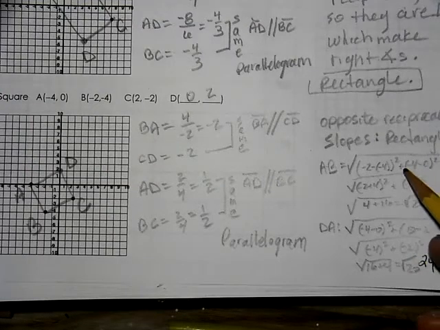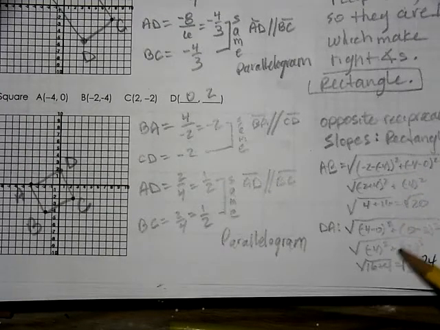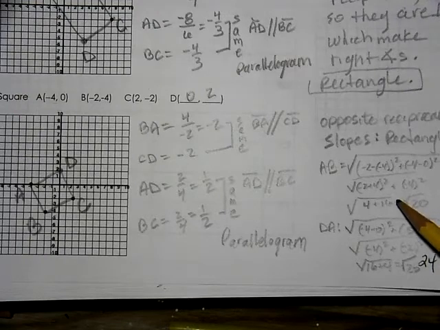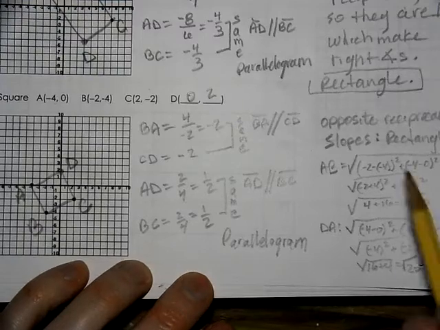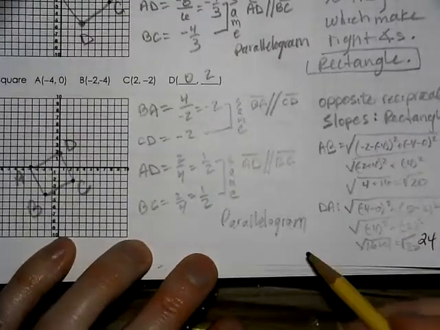So that makes consecutive sides congruent, which makes all the sides congruent. 4 congruent sides makes a rhombus, which now is a square.